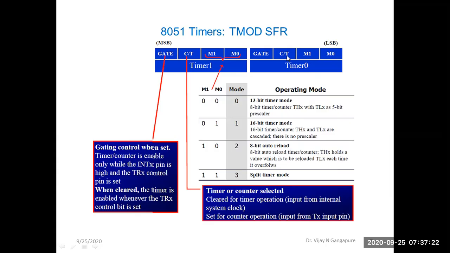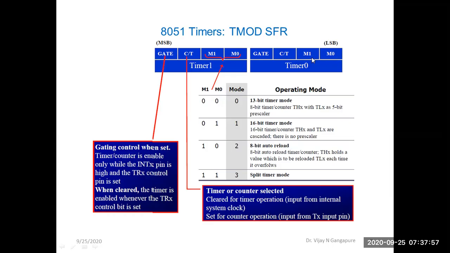When we use timer mode, that means we are going to generate time delay, and if we use counter mode, that means we are going to count events that are happening outside the 8051, which are being inputted as pulses on a particular pin that is allotted to timer 0. And the GATE bit is used to control the operation of this timer 0 from outside the 8051. How, we are going to study.